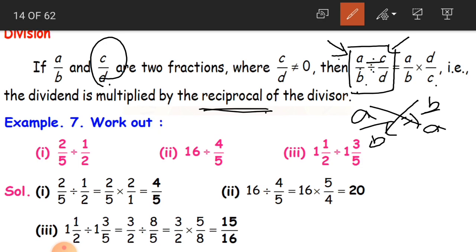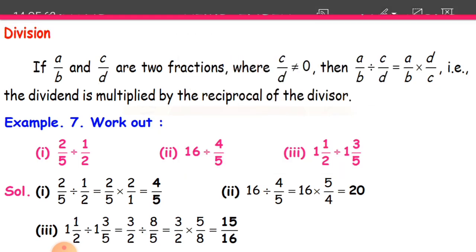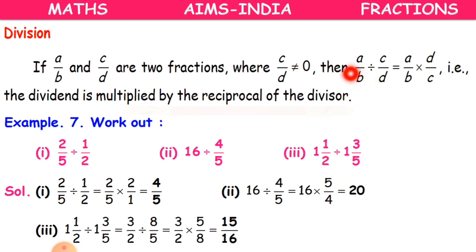The dividend should be multiplied with the reciprocal of the divisor. See, the dividend is as it is, a by b is written as it is. They are asking us to multiply. The division symbol is changed into the multiplication symbol and we need to write the reciprocal of the divisor. The divisor is c by d. What will its reciprocal become? Its reciprocal becomes d by c.